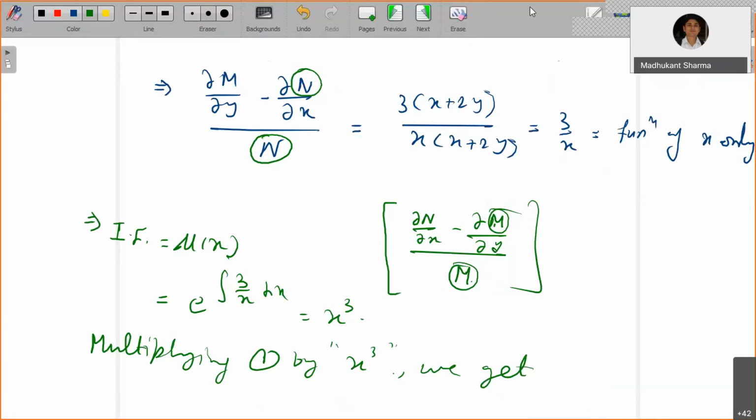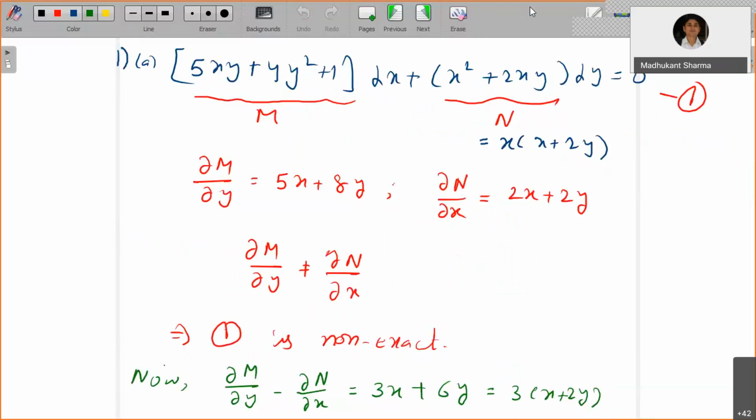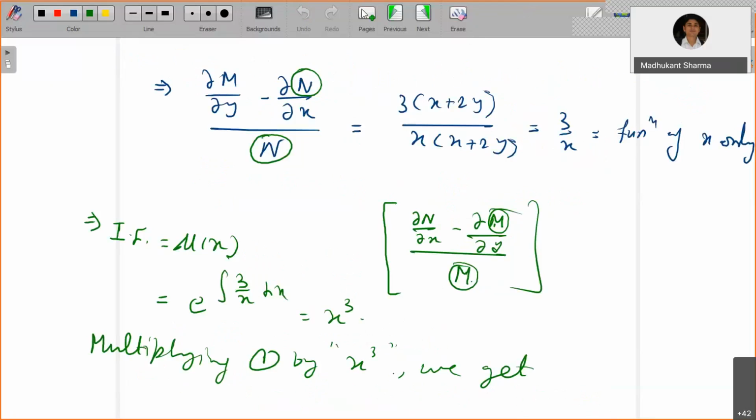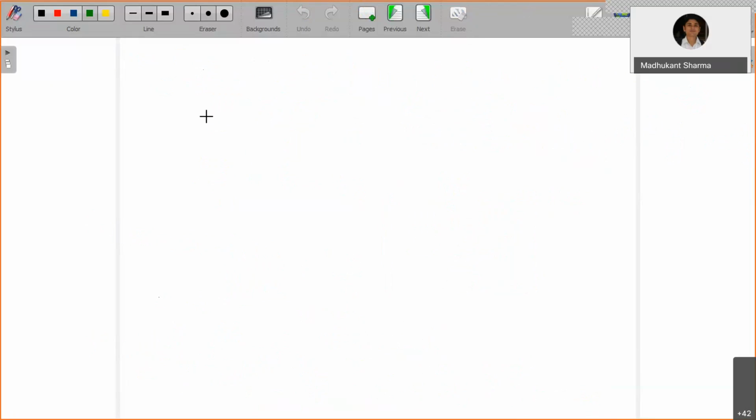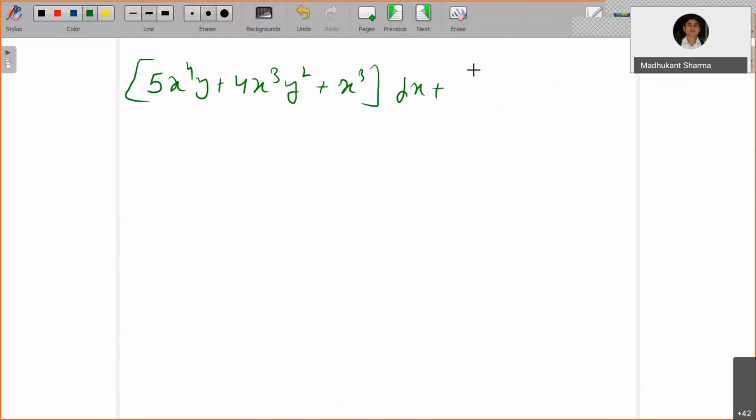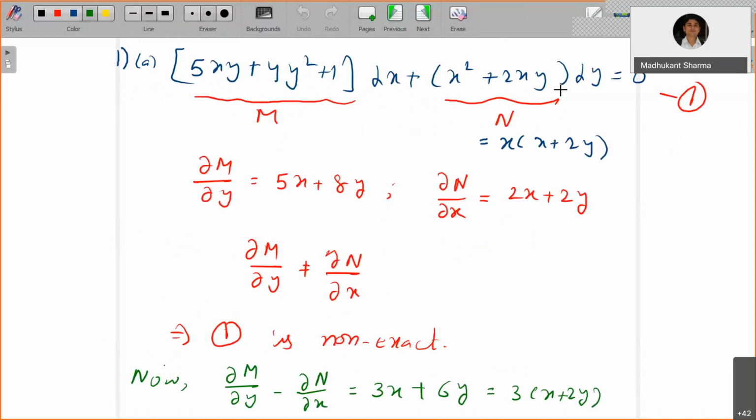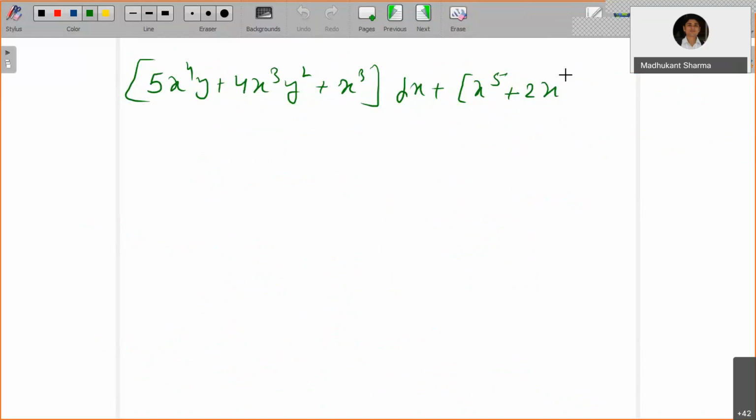If you multiply by x cubed, what you will get is (5x to the power 4 y plus 4x cube y square plus x cube) dx plus (x to the power 5 plus 2x to the power 4 y) dy equals 0.